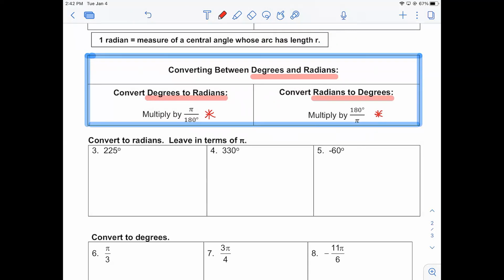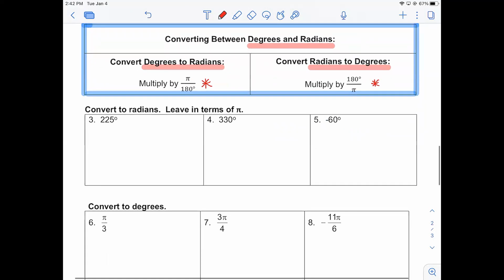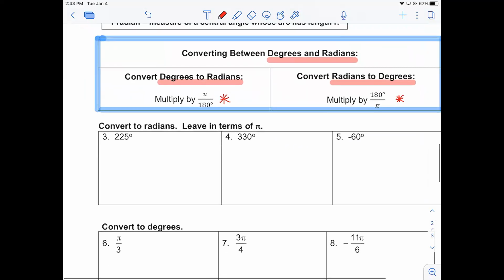Okay, so I want you to write under this, if you're converting from degrees to radians, you need your pi to end up in the top. So over here, write pi must end up in the numerator.